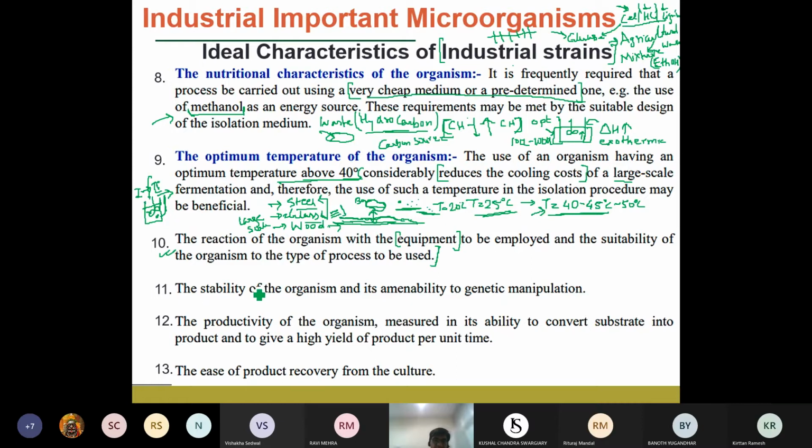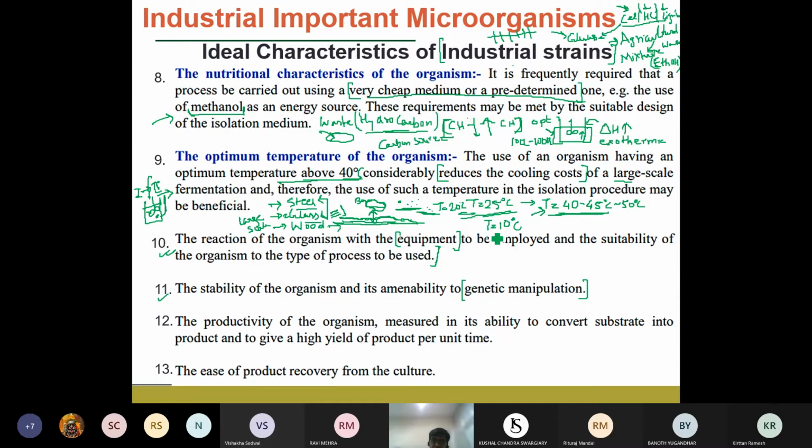Then comes the stability of the organisms, and we already talked about whether these particular microorganisms can be genetically modified. Like we talked about temperature tolerance. We can easily achieve this if, for example, a microorganism has an optimum temperature of 10 degrees, but we want to develop a microorganism which can tolerate a higher temperature range.